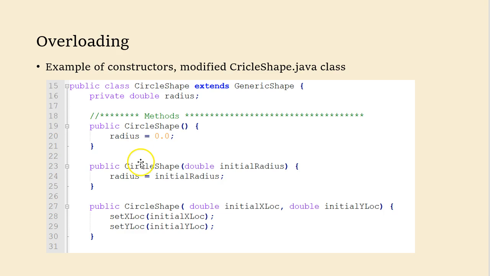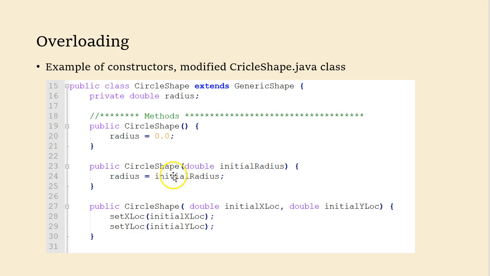But maybe I want to allow the user to specify a radius when they create a circle. Well, I can use overloading here. It's still called circle shape. That's the name of the constructor. But now I give it one input as a double, and that input will set the radius. Maybe I want the user to be able to set the location. I give it two inputs, two doubles, and those are used to set the locations.